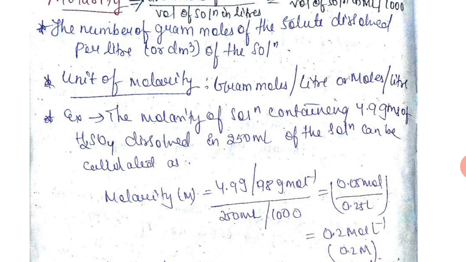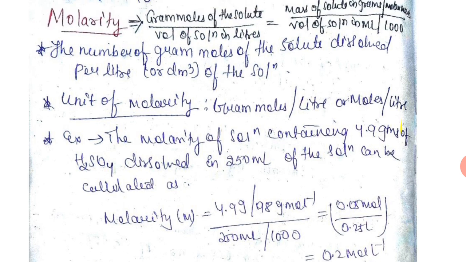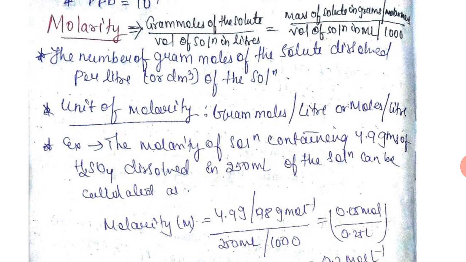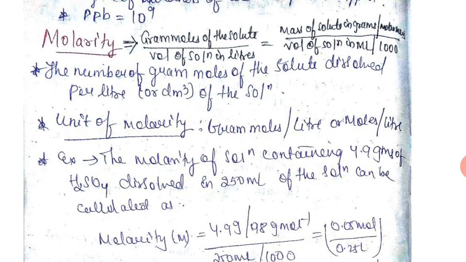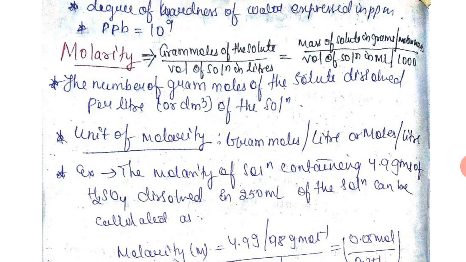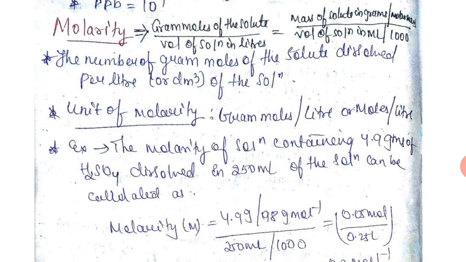So the solution is 250 ml, so ultimately we take 250 by 1000, and the solution contains 4.9 gram of solute. Per the formula, mass of solute in grams by molar mass, so it is 4.9 by molar mass.